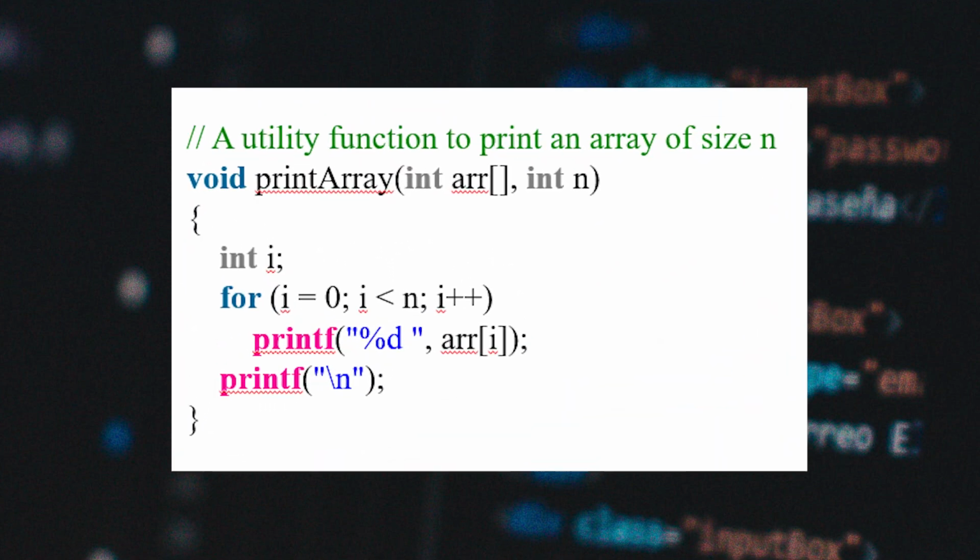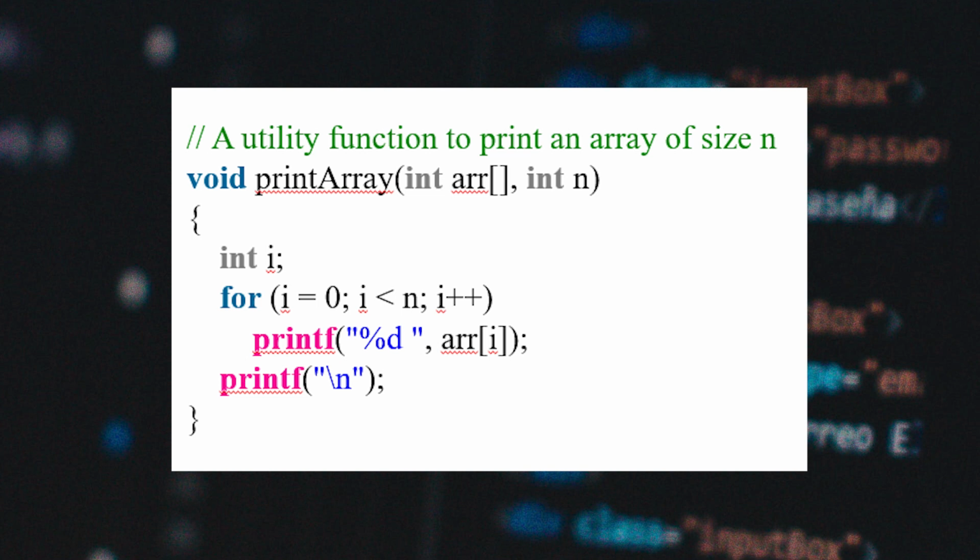Here is the utility function to print an array of size n. This function will be used after the insertion sort algorithm is performed, and the final output is printed on the console screen. In printArray, we have int i, and the for loop starts from 0 while i is less than n, with i plus plus.